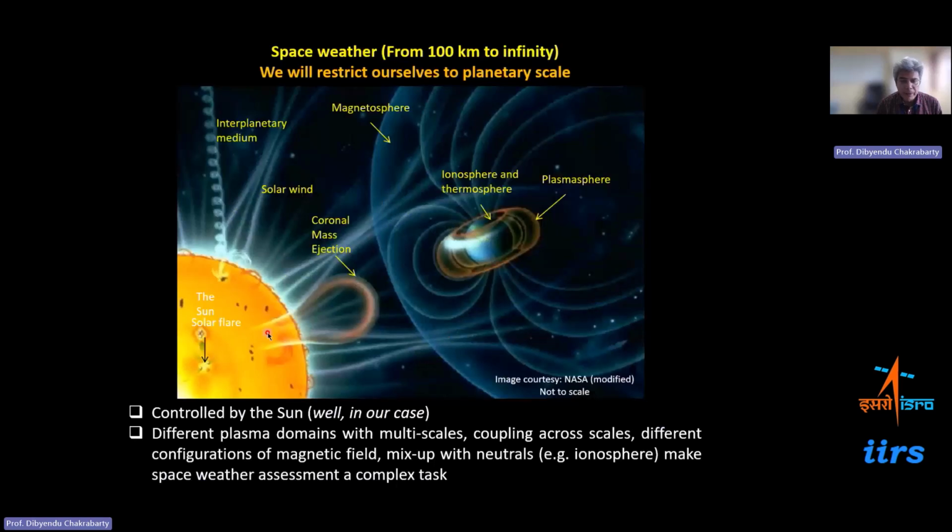These happen at a very low height of the atmosphere, which we call the troposphere. But space weather is anything that happens above 100 kilometers. Any kind of disturbances in the space environment at a time scale of the order of minutes, hours, or days are considered space weather disturbances or fluctuations.